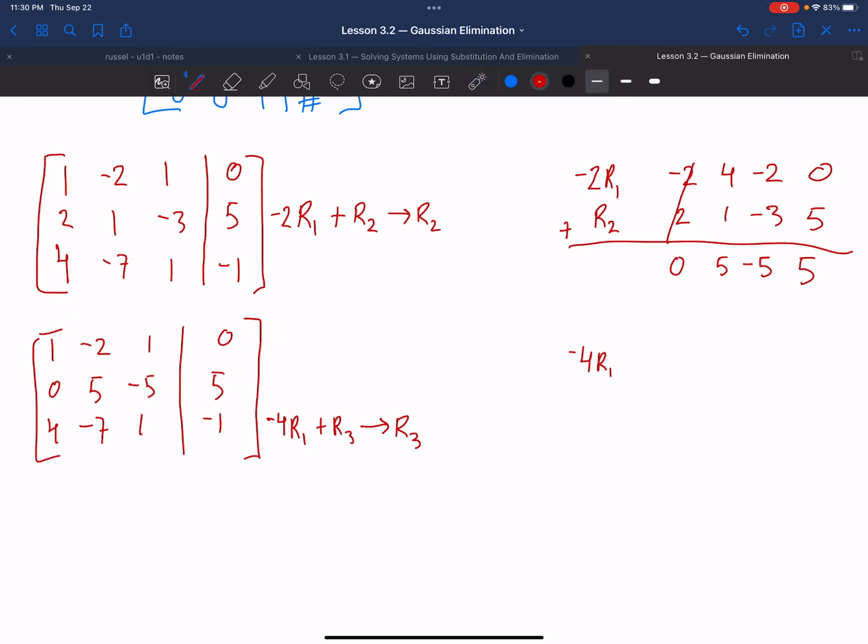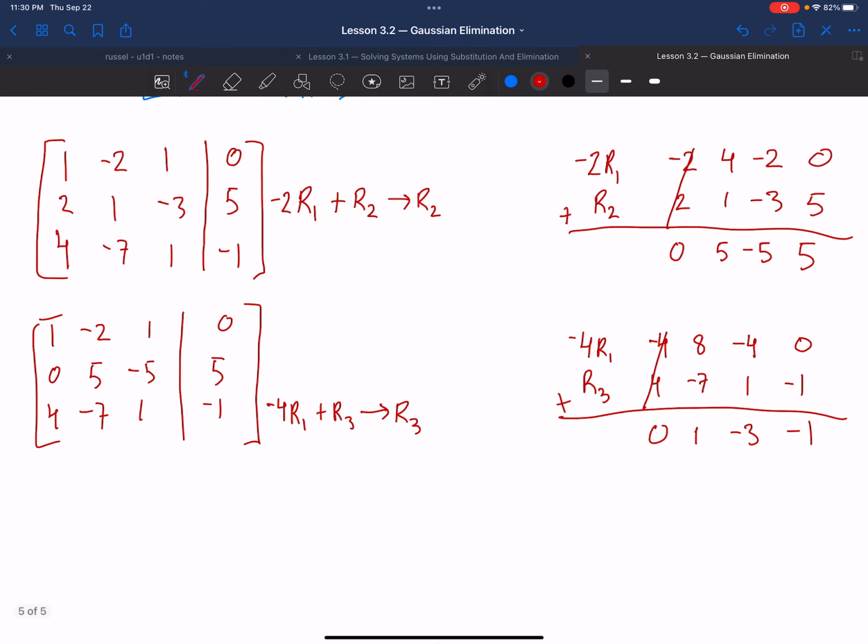Multiply negative 4 times all of those numbers. Negative 4, positive 8, negative 4, 0. And then row 3 is 4, negative 7, 1, and negative 1. And I'm going to add this. The 4's cancel. Which was 0, 1, negative 3, negative 1.